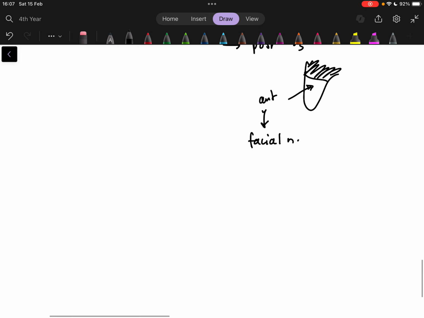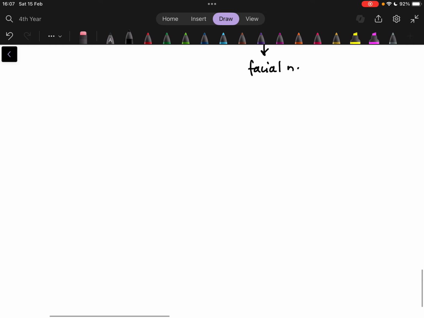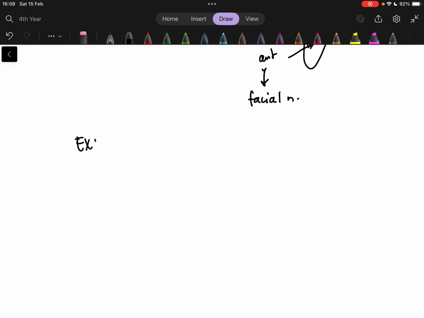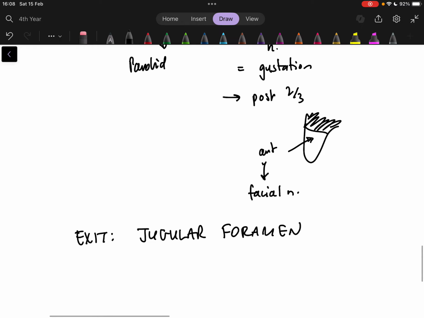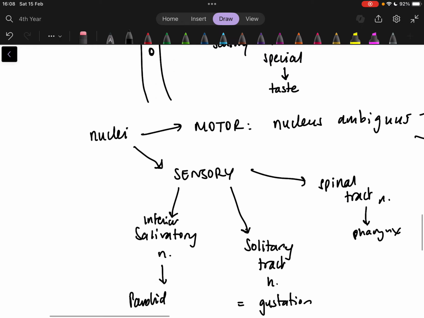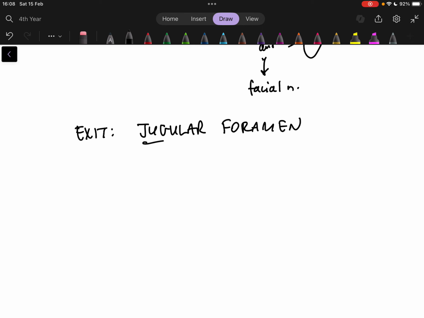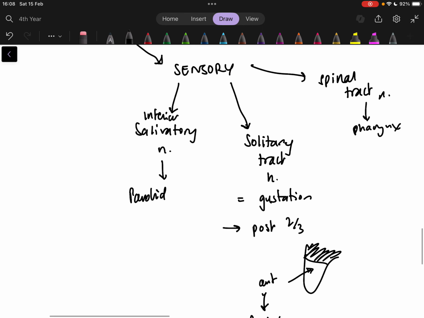And then all these branches and nuclei will leave via the jugular foramen. So it exits via the jugular foramen, and it's actually the same foramen that the vagus nerve exits from. So remember that when we talk about the glossopharyngeal nerve, always link it alongside the vagus nerve because they both go hand in hand. Okay, so that's that. What's next?